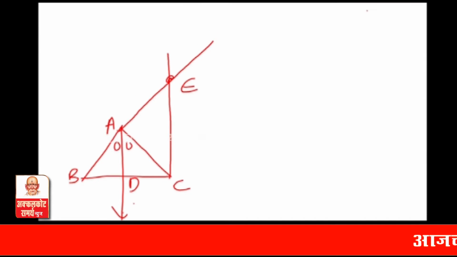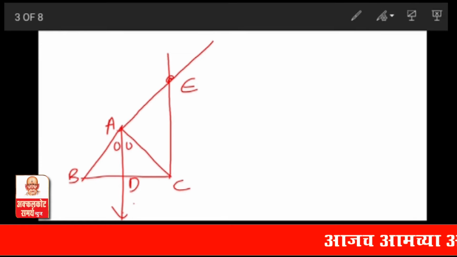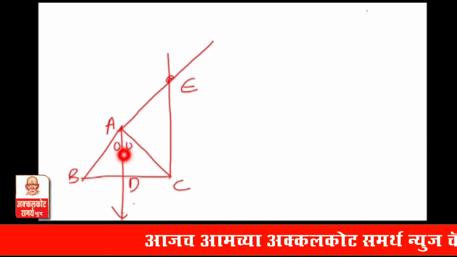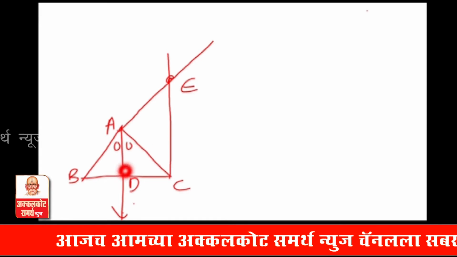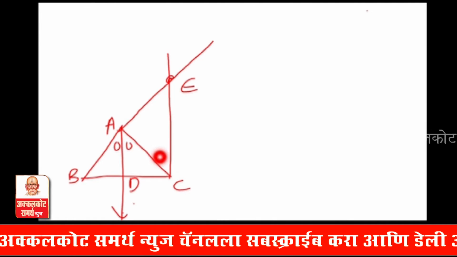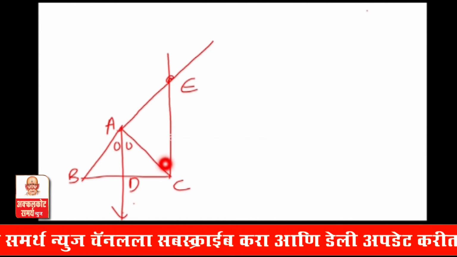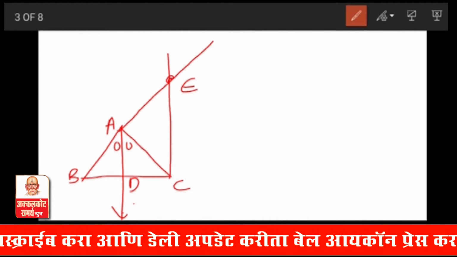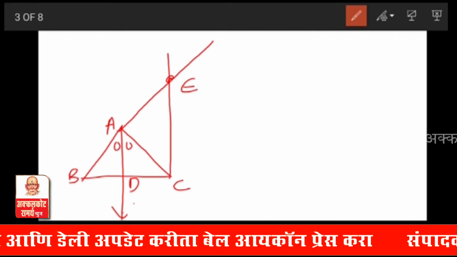So as this AC is a transversal, see this angle, that is DAC, and ACE, this angle, they will be congruent. Why? Alternate angles. Okay, so I will give the numbers for them.